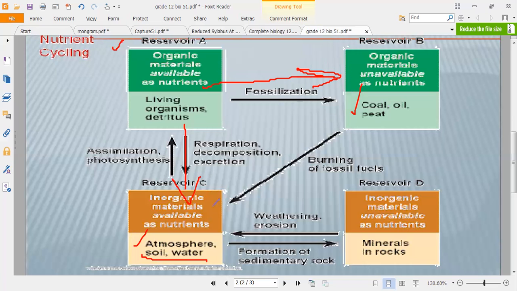So let's come to inorganic forms. In reservoir C, there are lots of inorganic materials present in the atmosphere, soils and water, and that is available for the use of living organisms directly. Organisms use the inorganic salts to form glucose, carbohydrates and other organic material, through photosynthesis and assimilation.